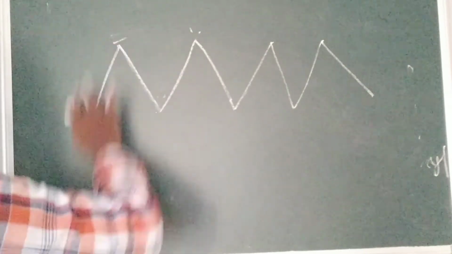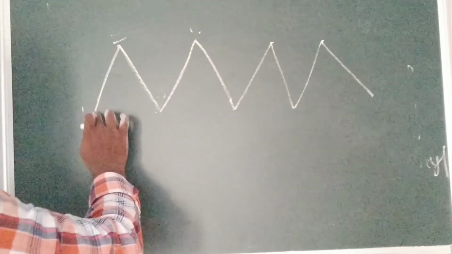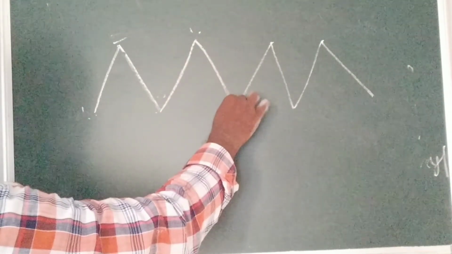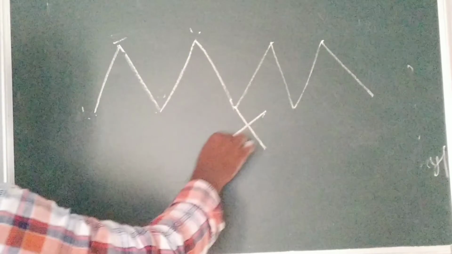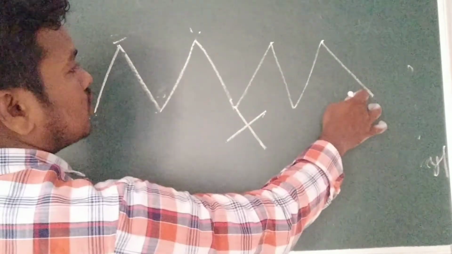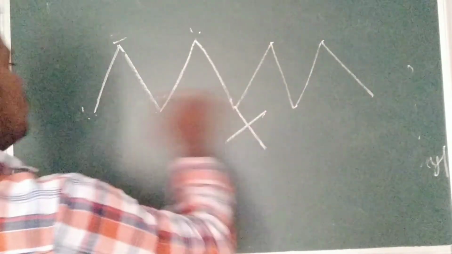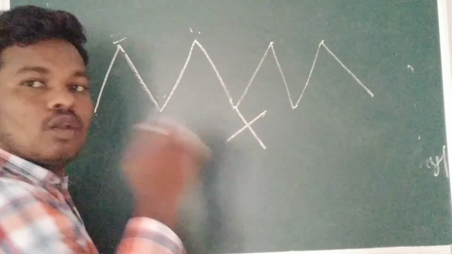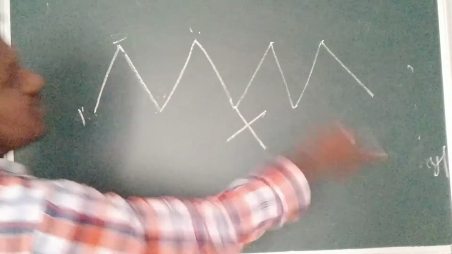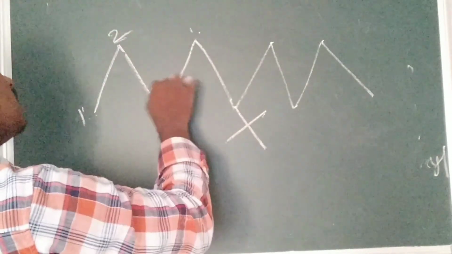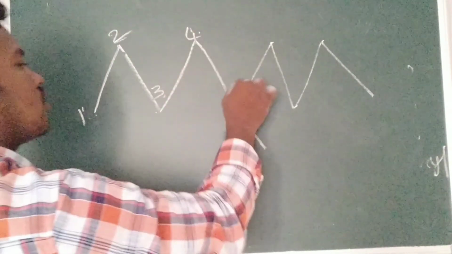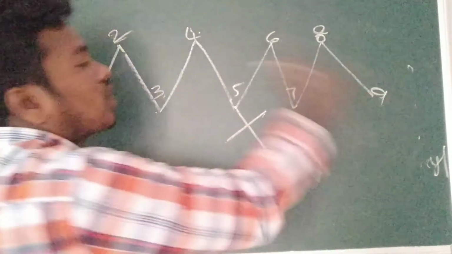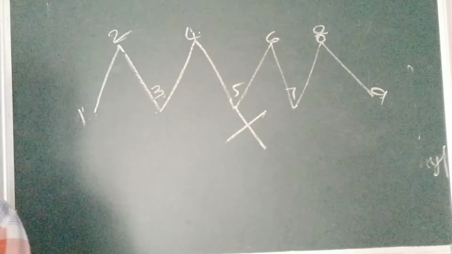The substituent should get the lowest number. See here, 1, 2, 3, 4, 5. The substitution should get the lowest number. So left to right or right to left, it is similar. If you come like this, 4, 5, 6, 7, 8, 9, the fifth position also it will get. It is not a problem.